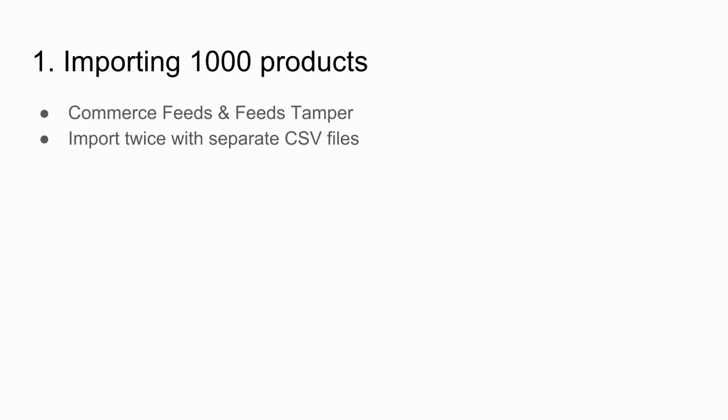You have to import twice with separate CSV files, because a product display, a node, has to bring in some products into it for them to be visible to a user.